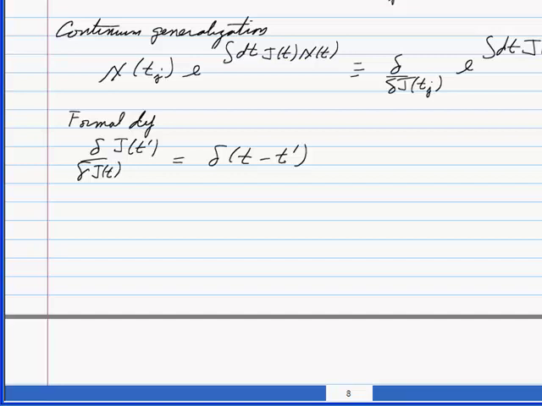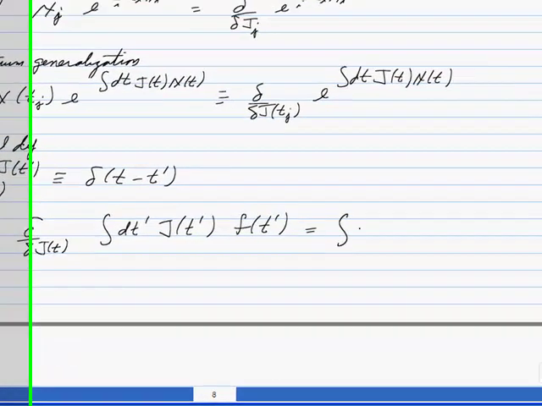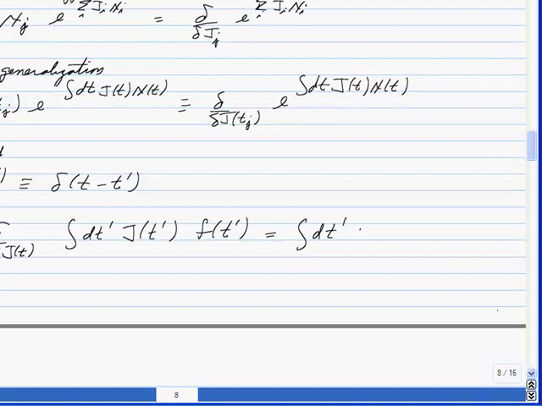That implies that if I take delta by delta j of t on some integral dt prime j of t prime f of t prime, any function of t prime, then if I use that definition, this becomes the integral dt prime delta of t minus t prime f of t prime, which is then just f of t.